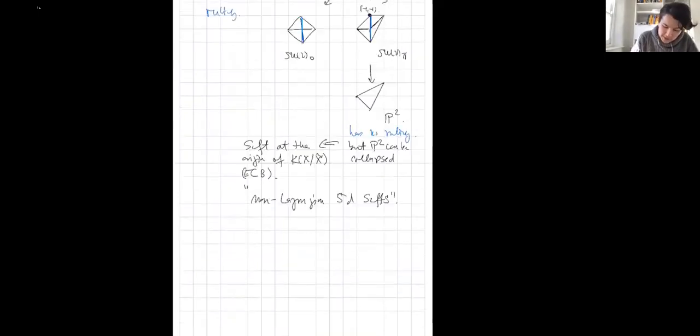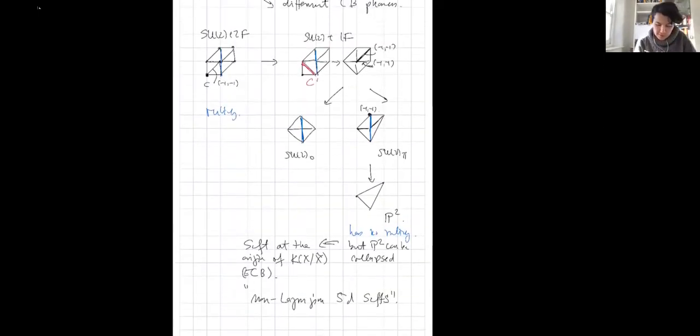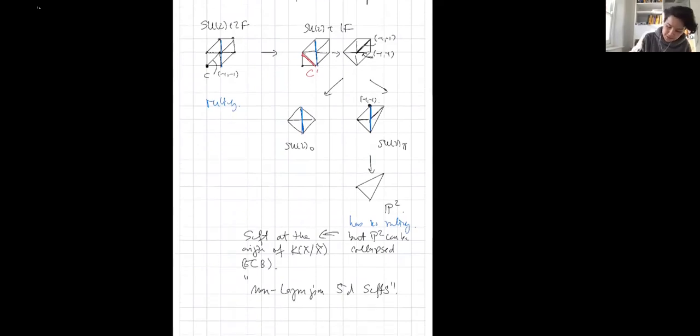What I just said is not entirely true, because there is a way of realizing these. These are particular toric diagrams. They're sort of isolated. So what you see here are these strictly convex toric diagrams.